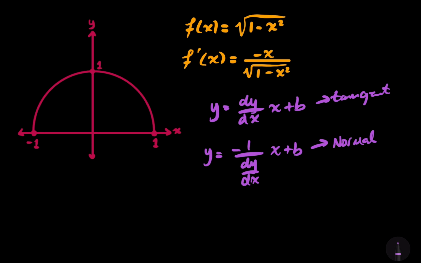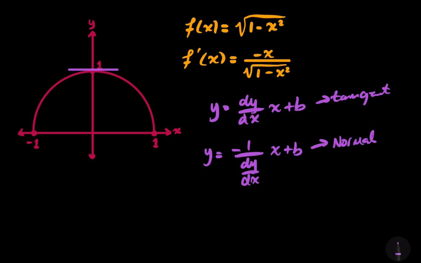So let's look on this graph and determine where we would have a horizontal tangent. The most obvious point is this one right over here at x equals 0. If we were to approximate the tangent line, it would look something like this, just a horizontal line going through y equals 1.